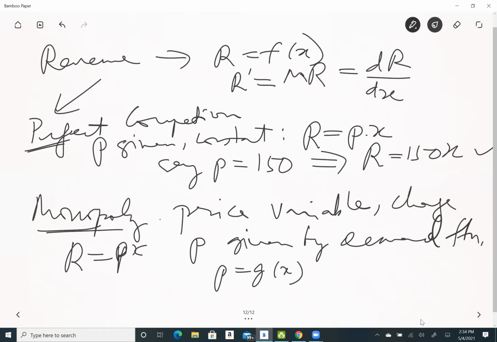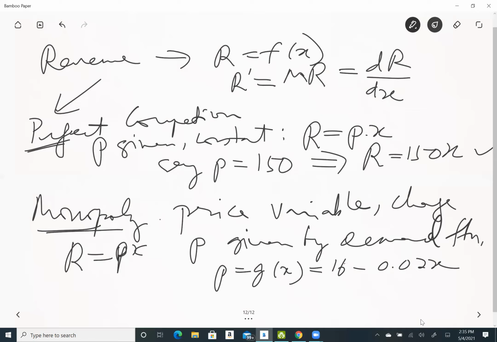For example, we look at the book, go to example number 1. We just use that example. It will be 16 minus 0.02x. So that is our demand function.